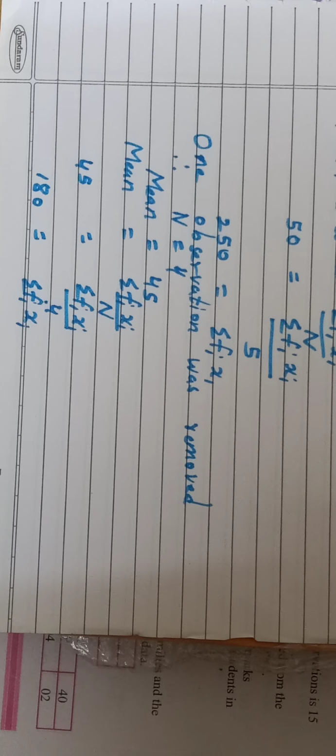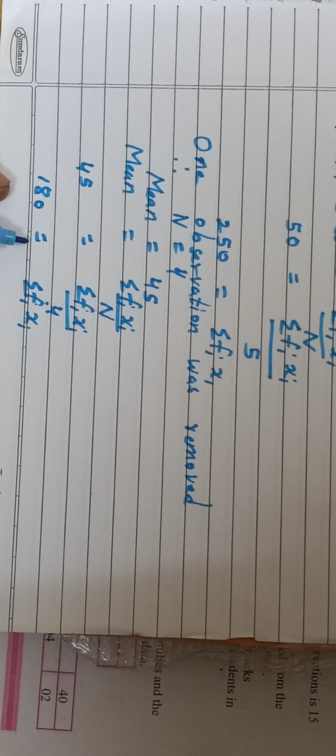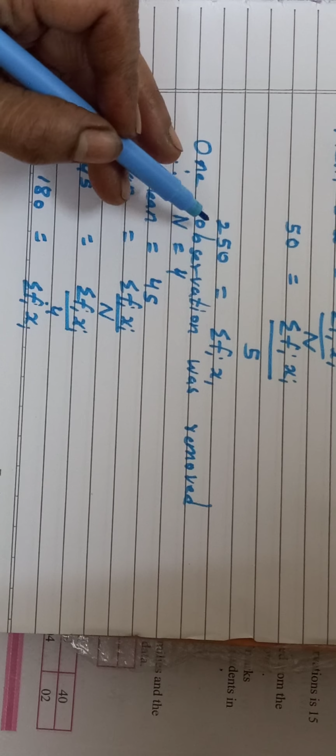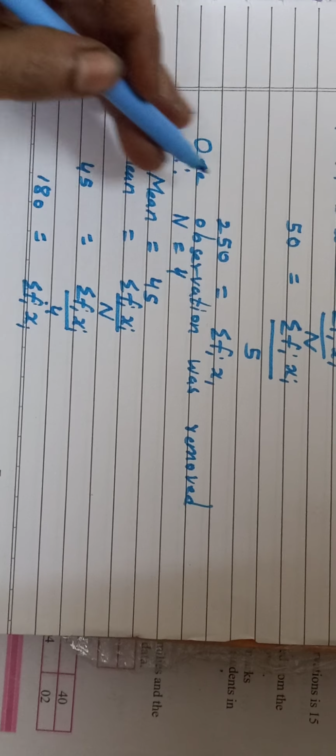So which observation was removed? How will we find out? Earlier it was 250, one was removed, then the sum we got is 180. So automatically the sum also reduces because one score was removed, right? The number of observations became 4. So which score was removed? That we will find out by subtracting 180 from 250.